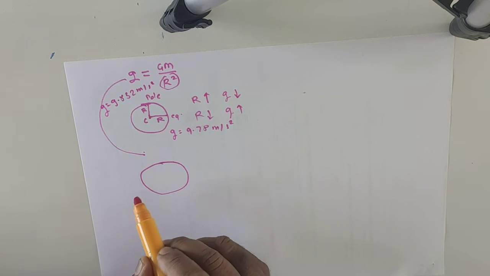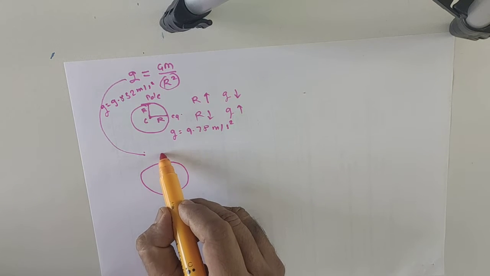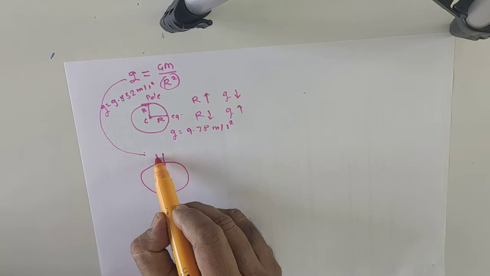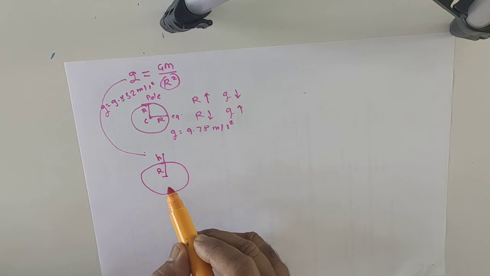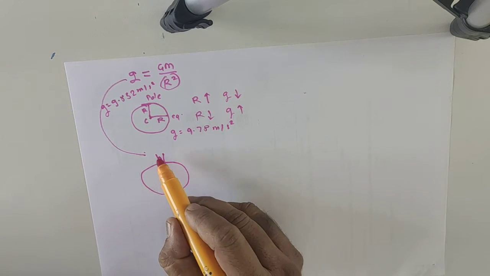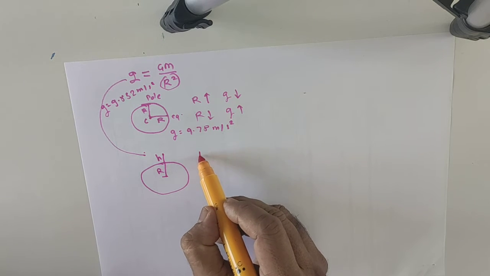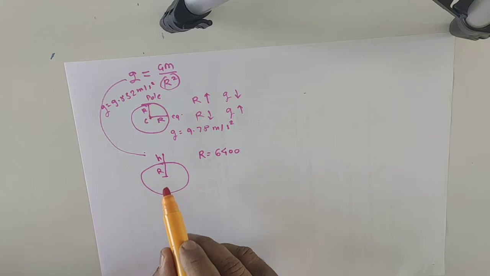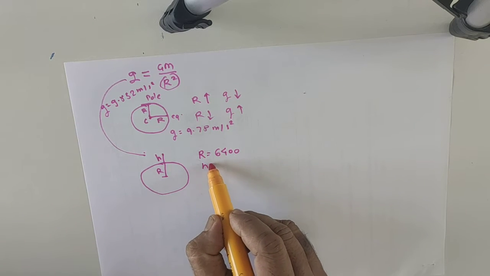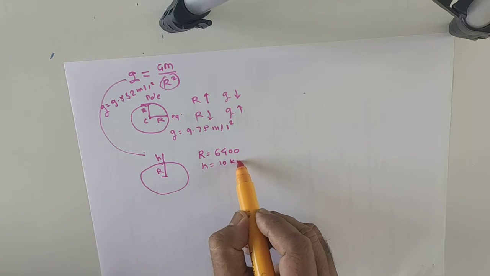Again, we consider Earth and height, suppose small h, and this is R. As compared to R, h is very small, because R is say 6400 and h is very small, 10 kilometer, 20 kilometer.